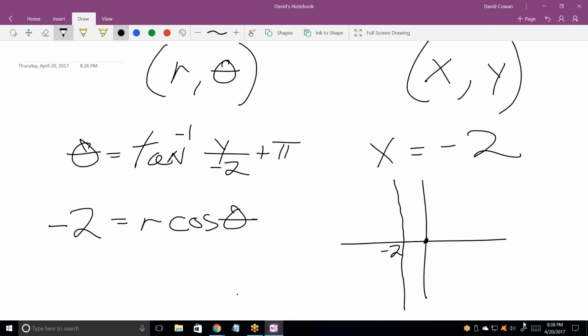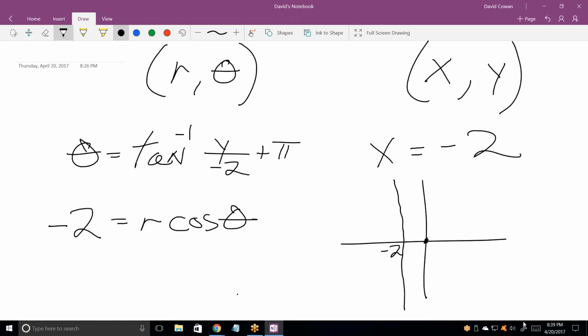Let's see. What would the polar thing look like even for that? In other words, r equals 2 is I think a circle. In this one, our answer should end in, so if I take -2 equals r cosine theta, r equals -2 divided by cosine.